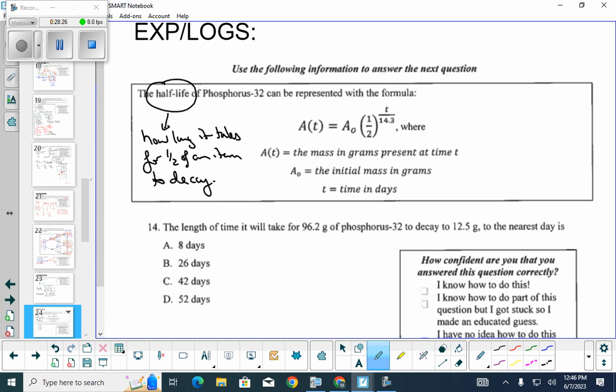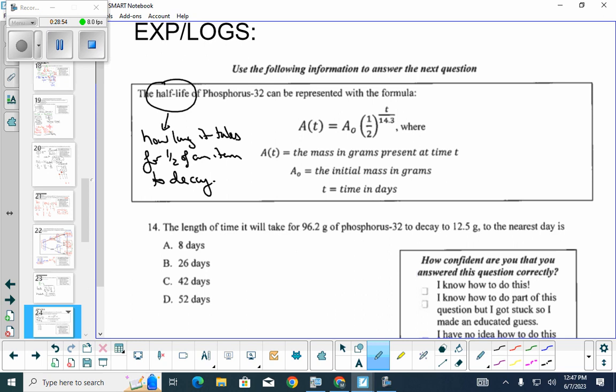So for example, let's say we take a swab of the water fountain and find that there's 1,000 germs on it. I spray bleach. In 15 minutes, there's only 500 germs on it. So the half-life of those germs is 15 minutes because it took 15 minutes for half of them to go away. That's what half-life is.